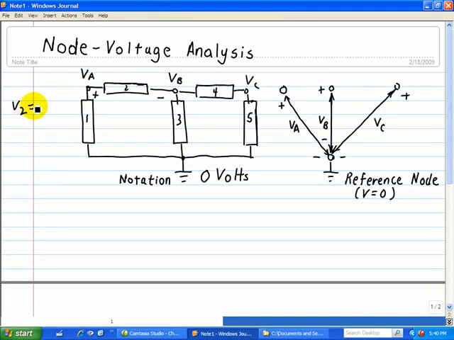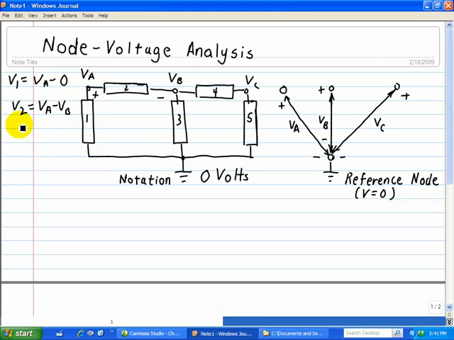Then the voltage across element 2 is VA minus VB. Well, what about the voltage across V1? Well, V1 has a node voltage of VA minus 0, because the other side of this node is a ground point or reference point of 0 volts.